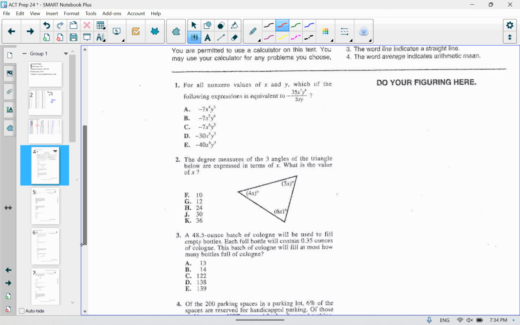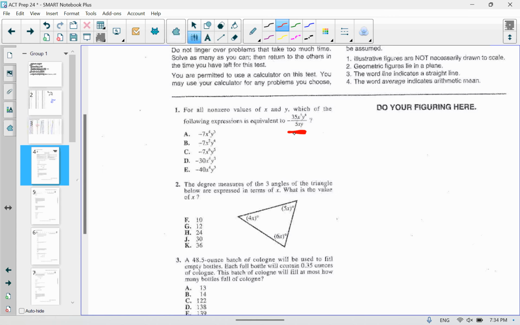So, number 1, if I simplify this, what do I get? Well, if I have negative 35x to the 5th, y to the 4th, over 5xy, I can treat x and y as exponents of 1 if there's not one listed. I can do negative 35 divided by 5 to simplify that.